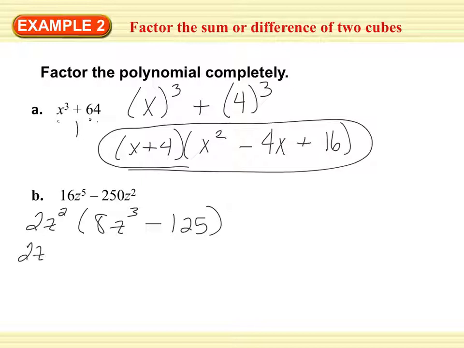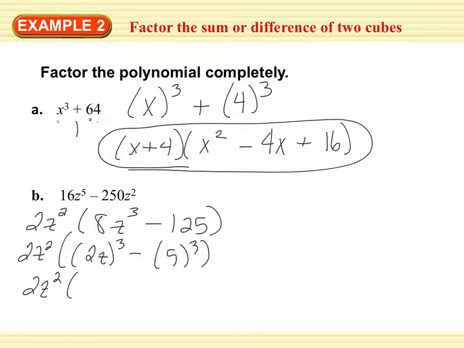So let me write this again. This first one gives me 2z to the third power and 5 to the third power. Now I can just use my pattern. 2z squared, I get a squared, which is 4z squared, minus b squared, which is 25. Oh, sorry, that's wrong. And I don't have my eraser.